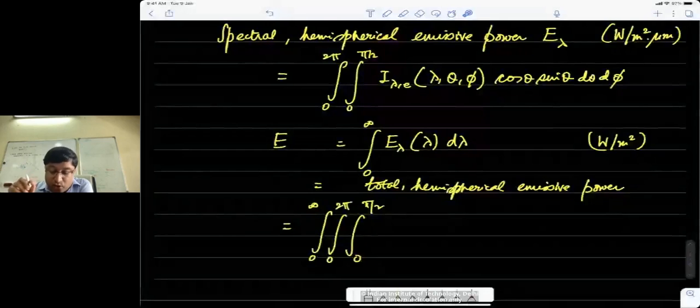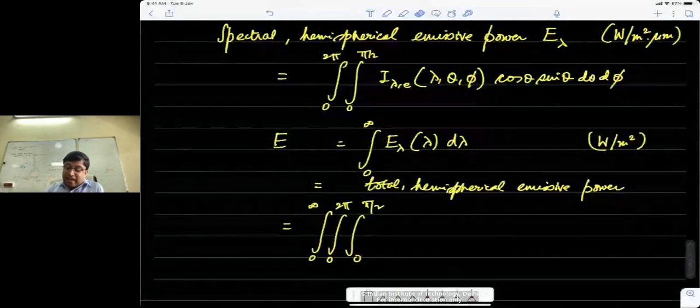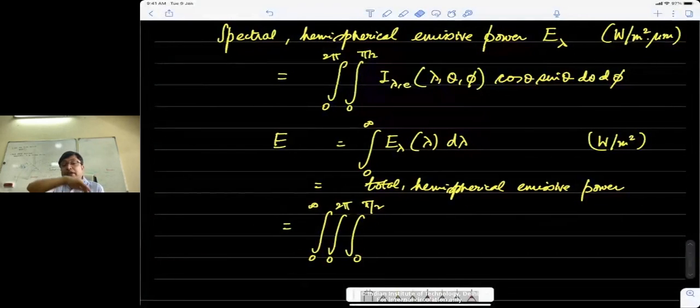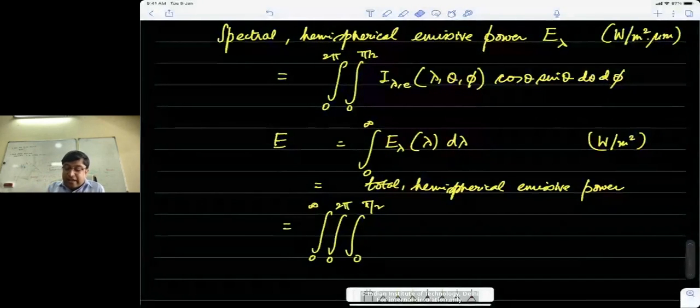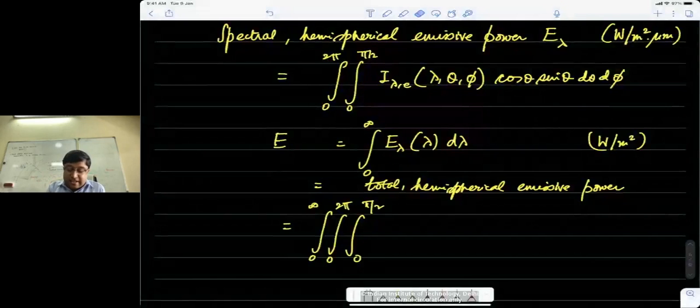When you go to area, bodies have complicated shapes, so you need to integrate these quantities over the entire area, and that can be slightly tedious, so I'm not going there yet. But we will deal with per unit area quantities, which is far easier.